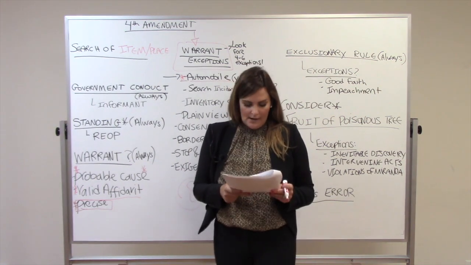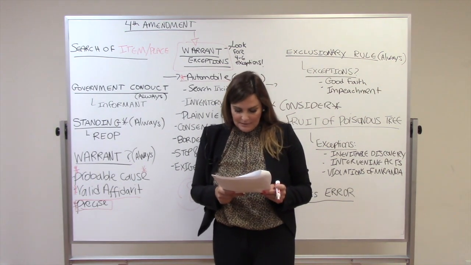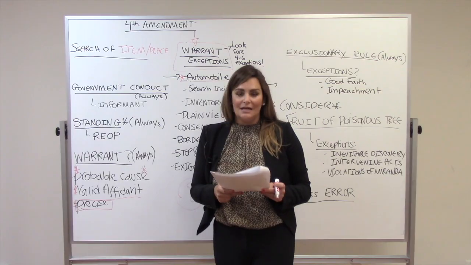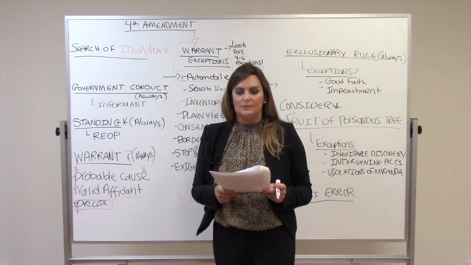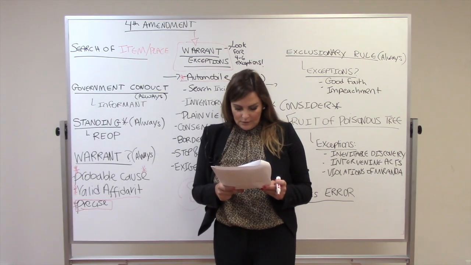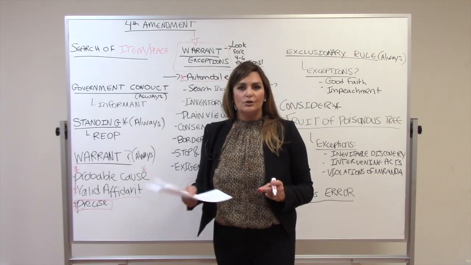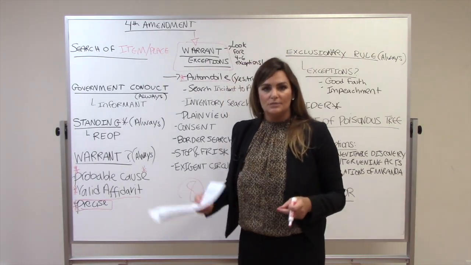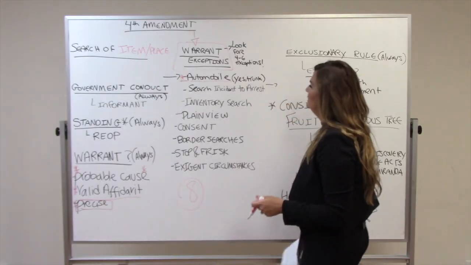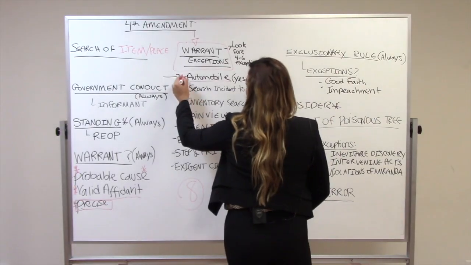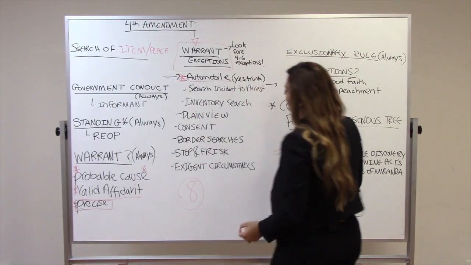That comes up a lot on essay fact patterns here, found inside the vehicle that could contain the evidence or contraband being searched for. The objects searched do not need to belong to the owner of the vehicle, so passenger items as well can be searched. Passenger containers can be searched here as well. This is a major exception. Make sure that you know it.